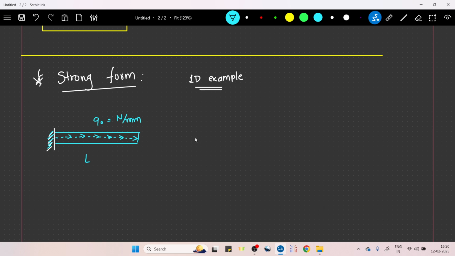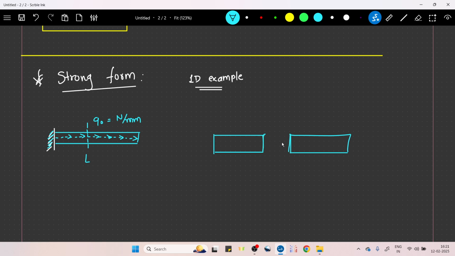Before that, I want to explain something to you. Let's cut the section here, and I will make it into two pieces. I will split this particular rod into two pieces. If I take this particular section, both sections are the same, right?